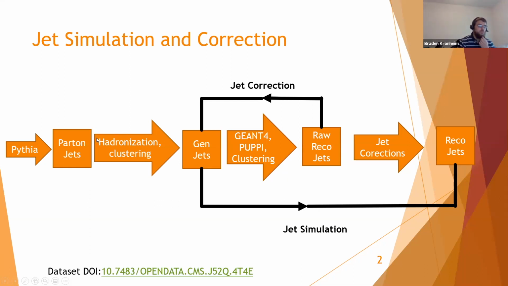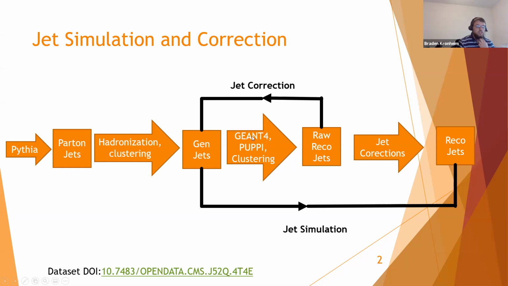The jets form through the hadronization and clustering phase, where one quark or one gluon creates a whole bunch of other ones, and you end up with this mess of hadrons, which we then run a clustering algorithm on, such as the anti-kT algorithm, and we end up with what we call the gen jets.